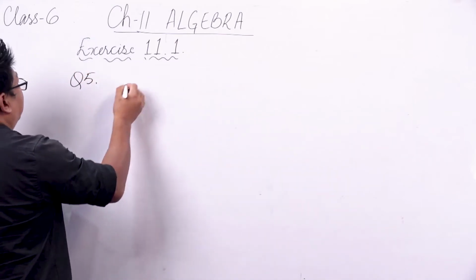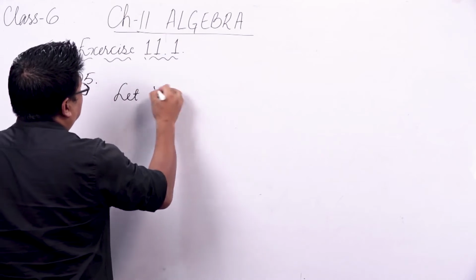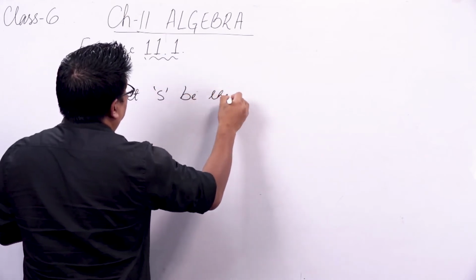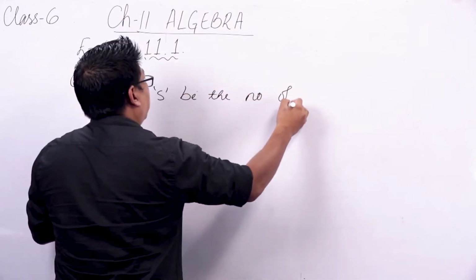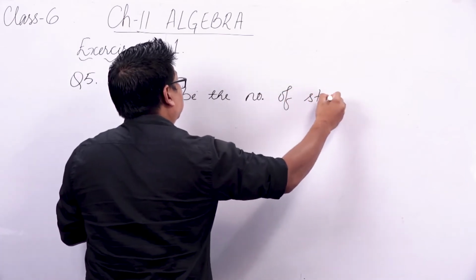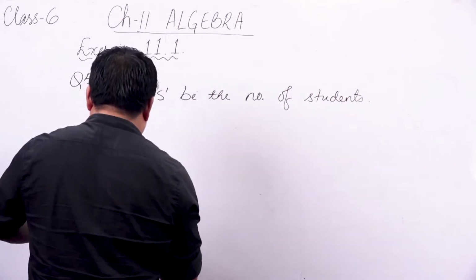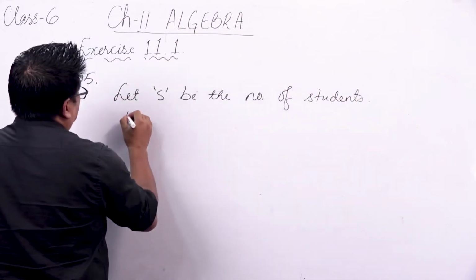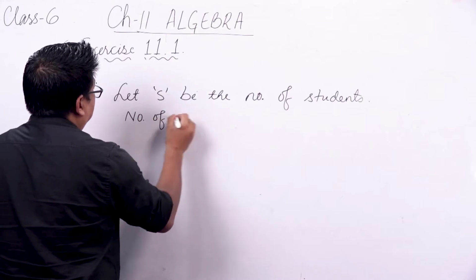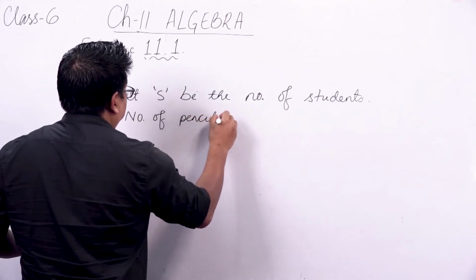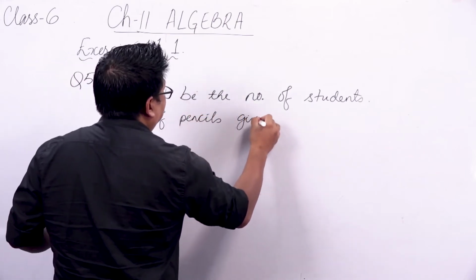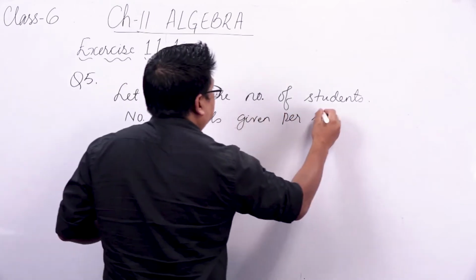So question number 5. Let S be the number of students. All right. S is the number of students and the number of pencils given per student.